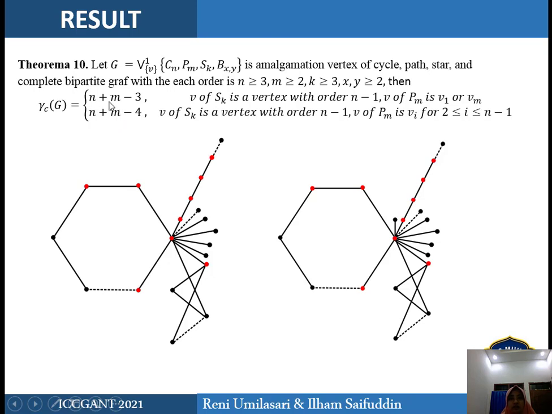It equals n plus m minus 3 if v of Sk is a vertex with order k minus 1 and v of Pm is v1 or vm, and then it equals n plus m minus 4 if v of Sk is a vertex with order k minus 1, sorry, and v of Pm is vi for i more than or equal to 2 and less than or equal to m minus 1.